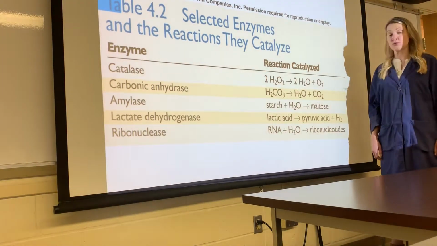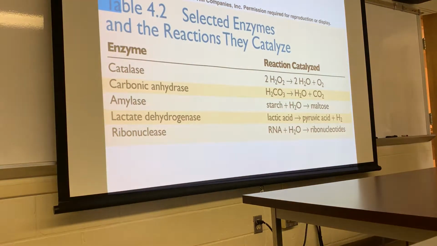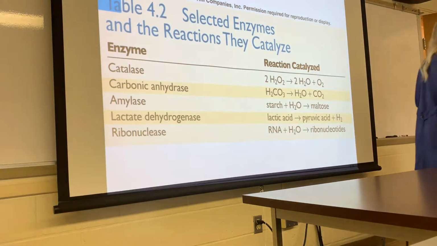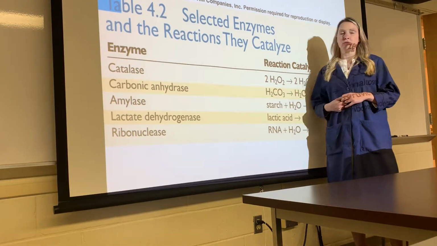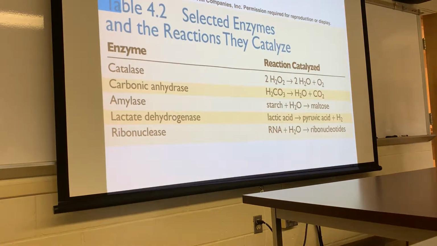Amylase is in the small intestine, and it helps to take starch and water and break it into maltose, which is a monosaccharide. And again, like with lactase that we were just mentioning, lactose, if you remember, is a disaccharide. It's made up of glucose and galactose. Ultimately, in the small intestine you can't absorb a disaccharide. You have to break it into monosaccharides. Then that can be absorbed through what I showed you on that diagram, through the processes of primary and secondary active transport and facilitated diffusion.